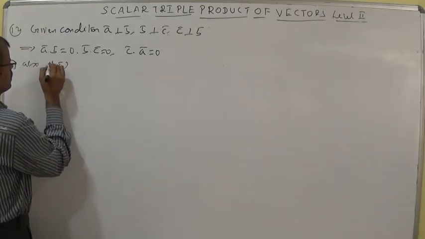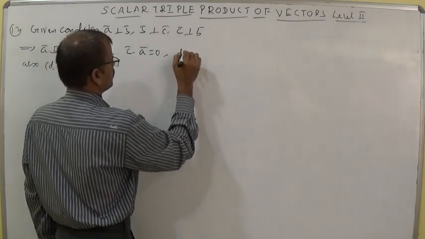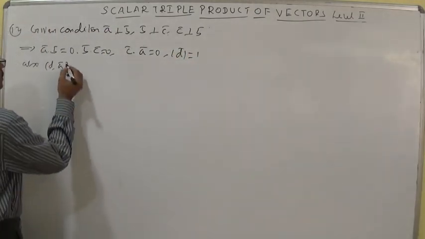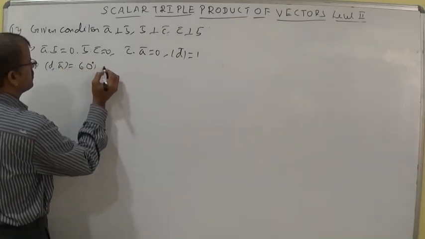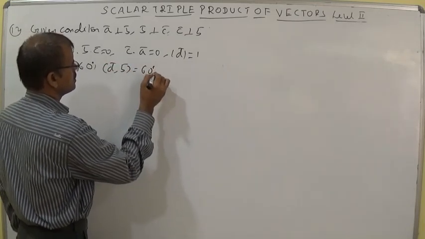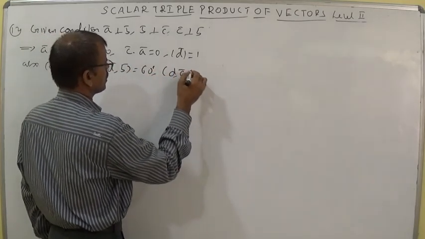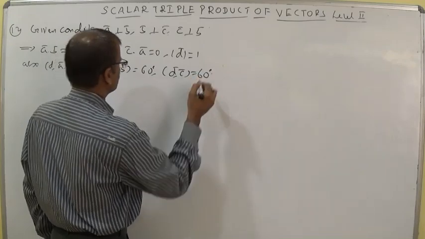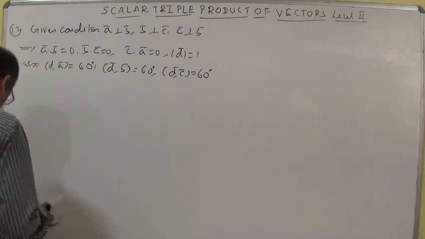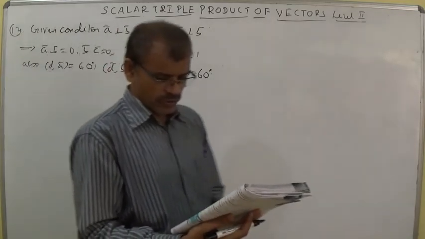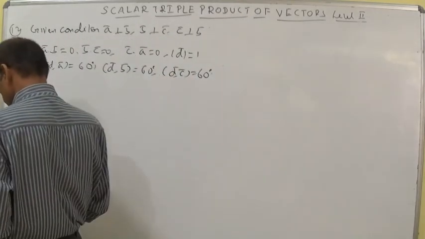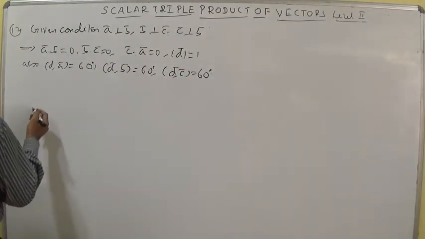Also it is given that D bar is a unit vector, mod D is equal to 1. The angle between D and A is 60, between D and B is 60, and between D and C is also 60 degrees. Also A, B, C are unit vectors.